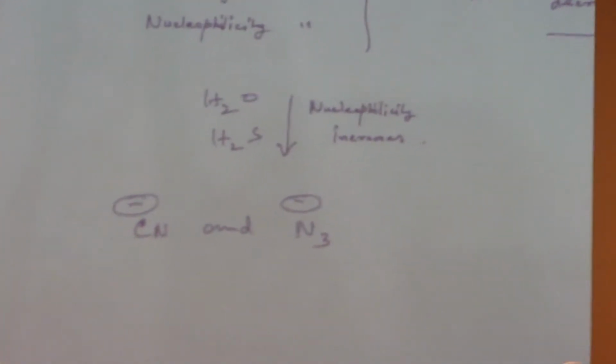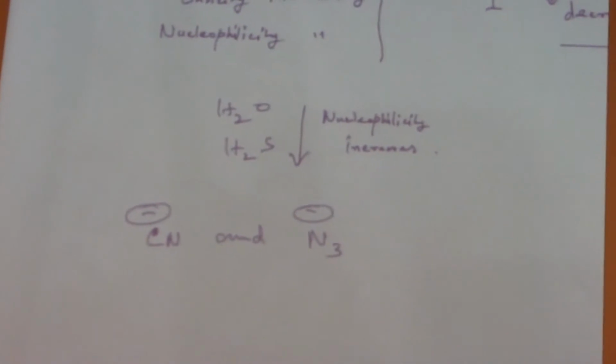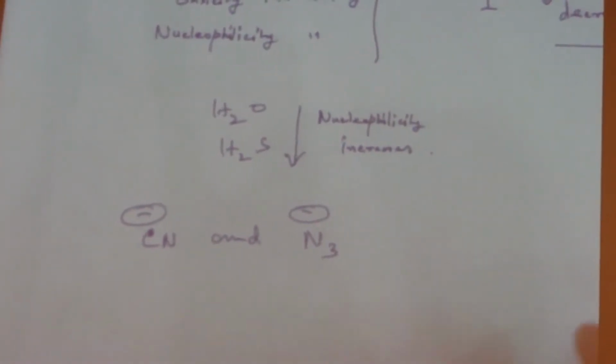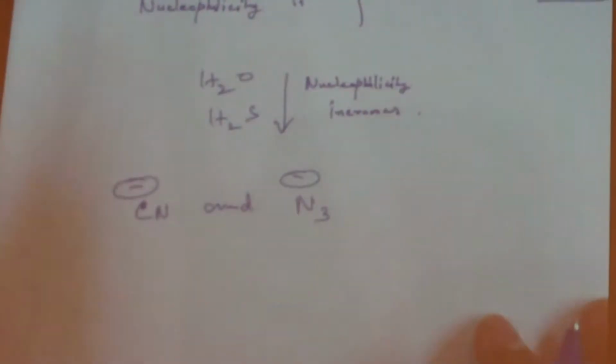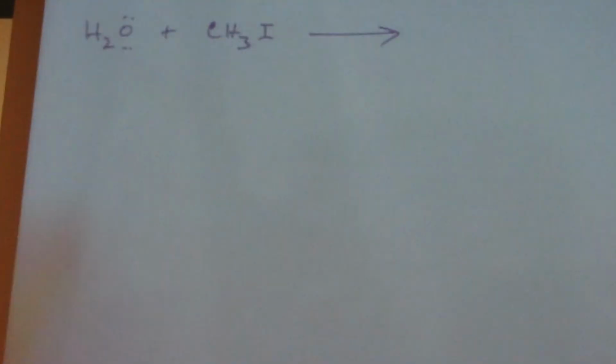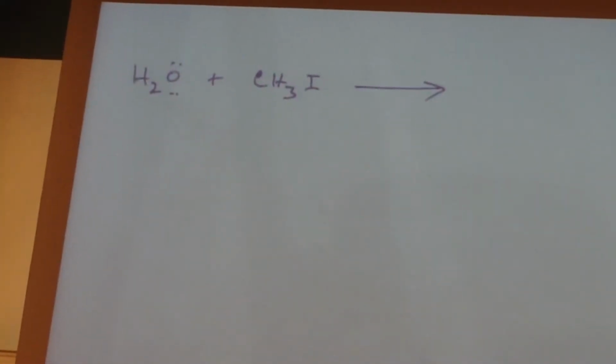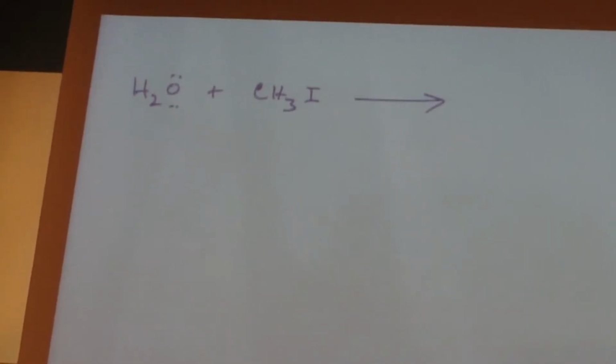All right. Now, let's say we look at a reaction with a neutral nucleophile, such as water reacting with methyl iodide. Water is a relatively poor nucleophile. It's not a great nucleophile. This reaction will be much faster if you have an OH minus.